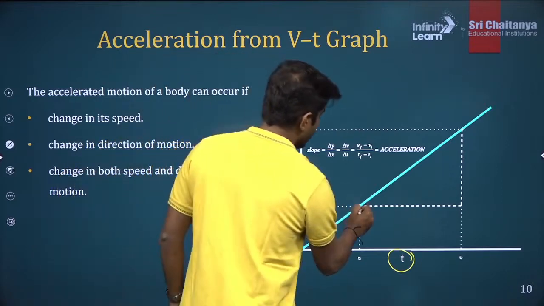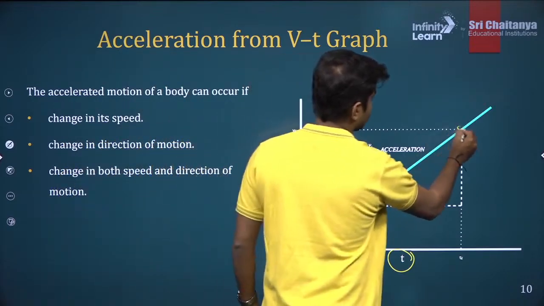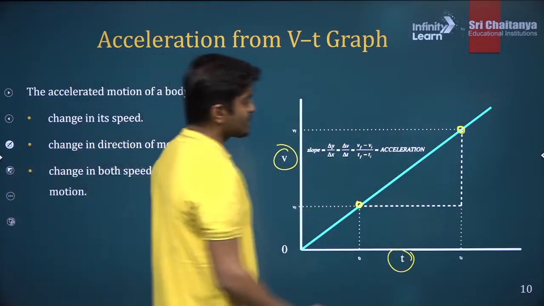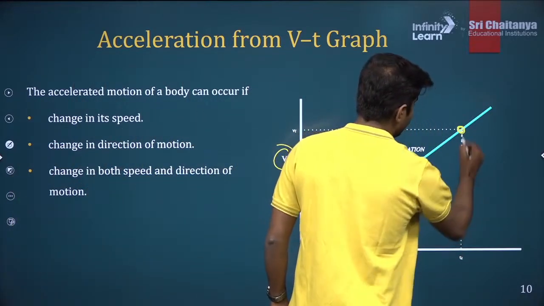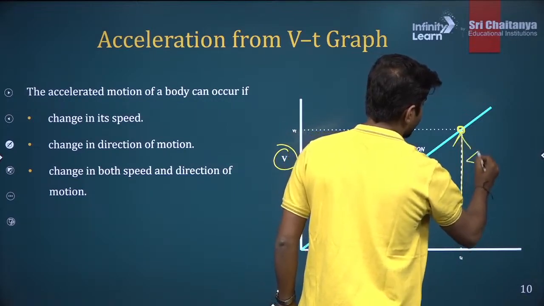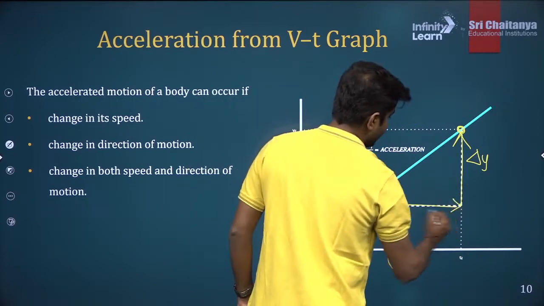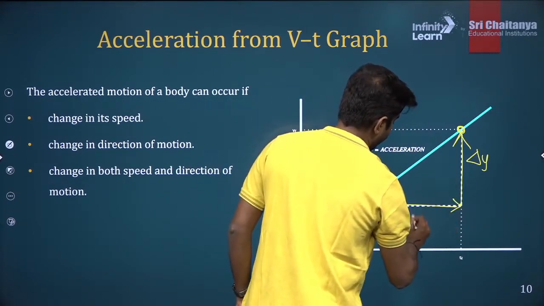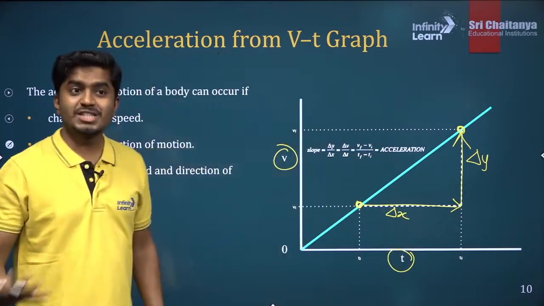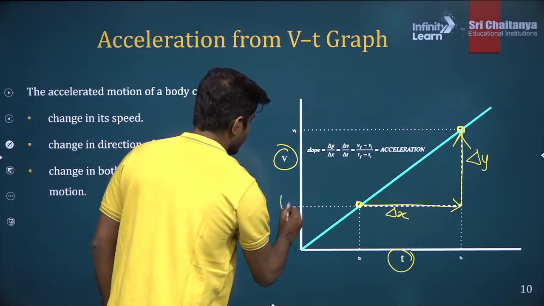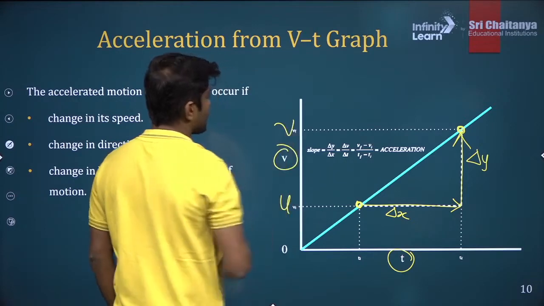Let's suppose you choose two different points. You choose these two different points. So what is the slope? Change in the y coordinate divided by change in the x coordinate. So what is the change in the y coordinate? Let's suppose this is our initial velocity u, this is the final velocity v.